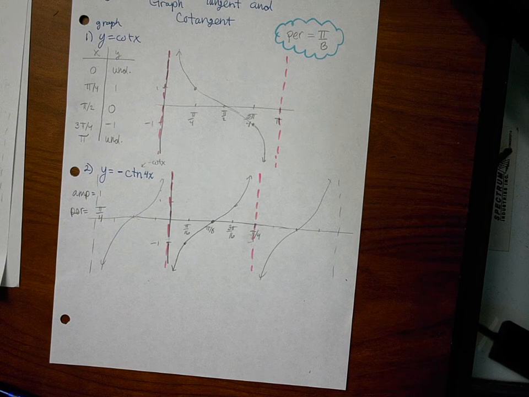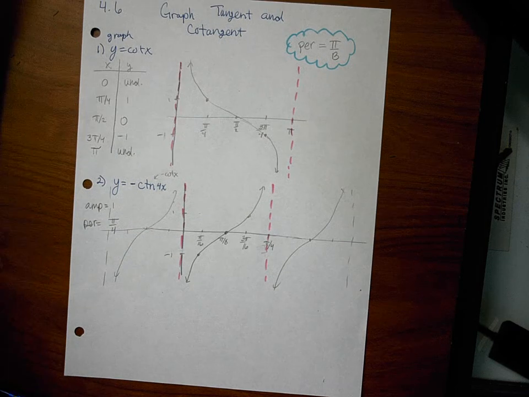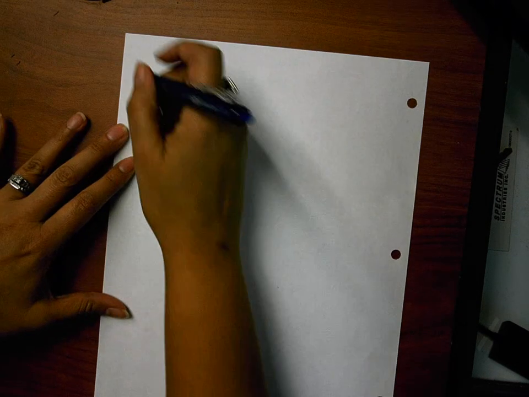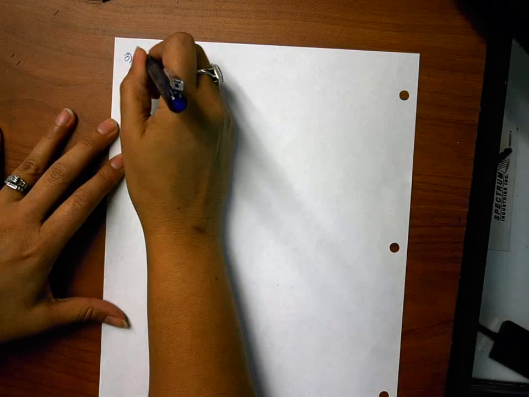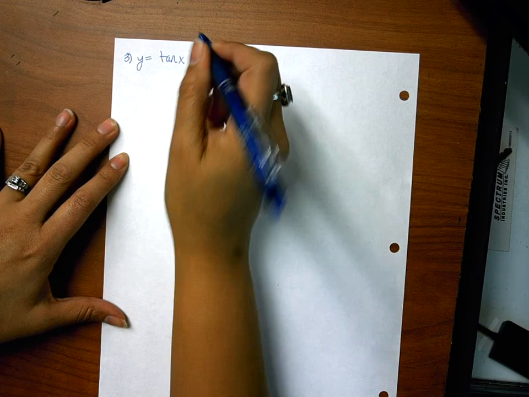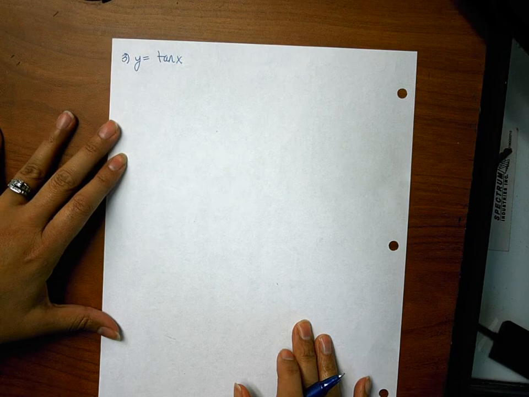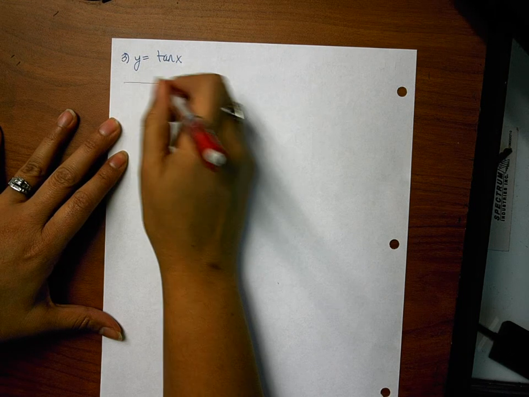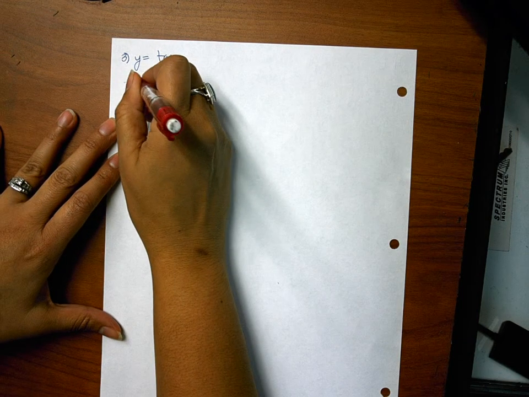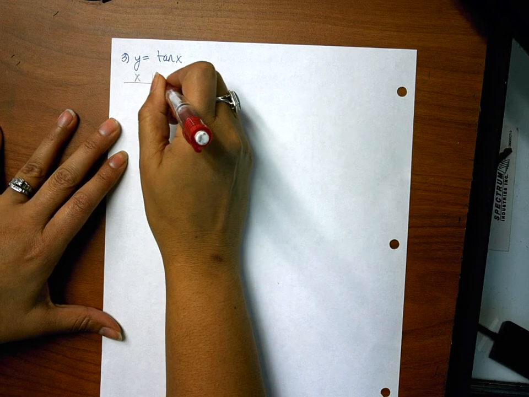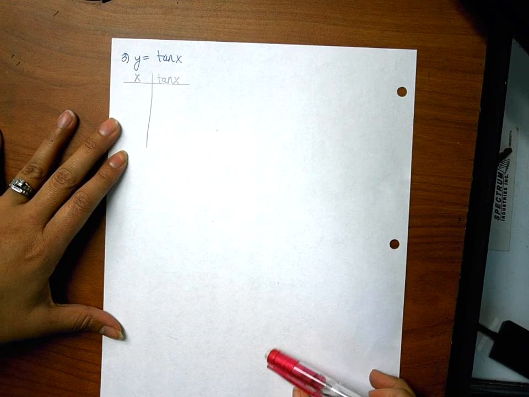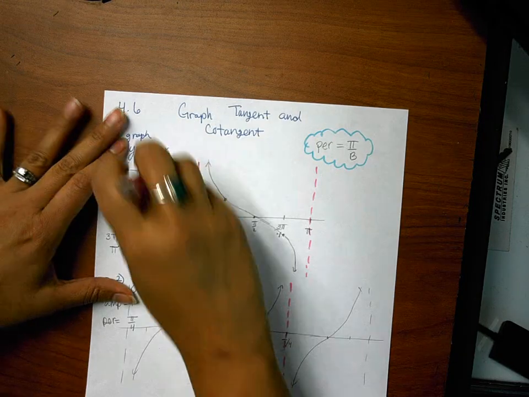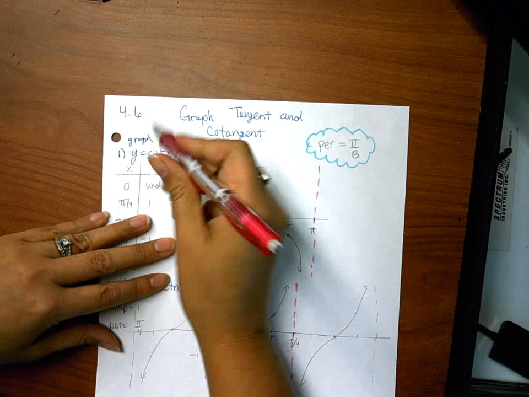All right, I am going to continue. Number 3, y equals tan of x. And I'm going to give you a new t-chart. X and tan of x. I called it y over here, but technically y is cotangent of x.